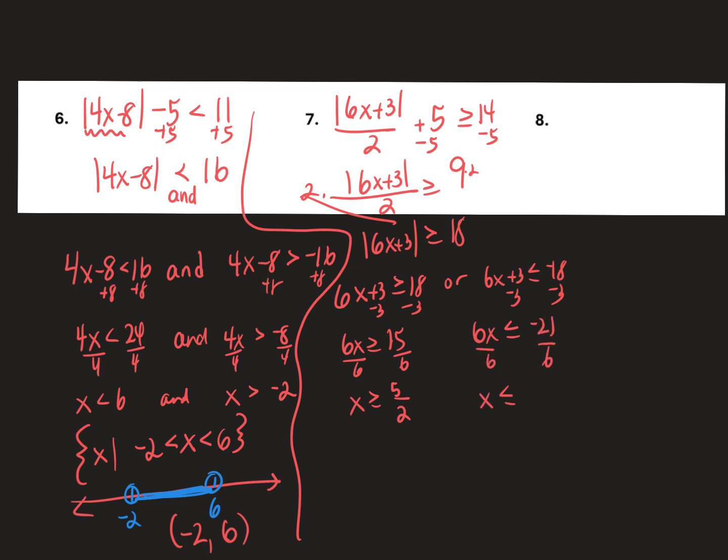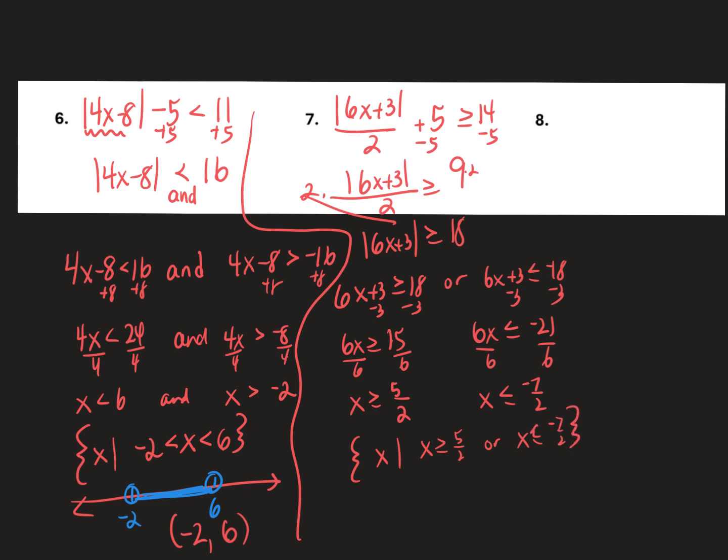X is less than or equal to negative 21 over 6. 3 also goes into both of those, which is negative 7 over 2. In set notation, that would be x such that x is greater than or equal to 5 over 2, or x is less than or equal to negative 7 over 2.